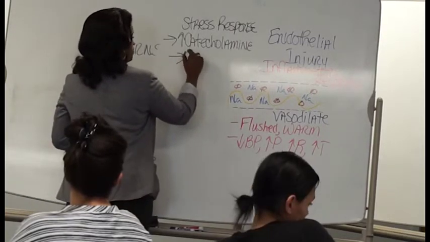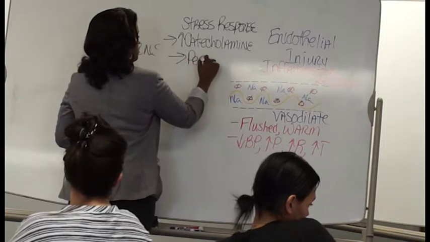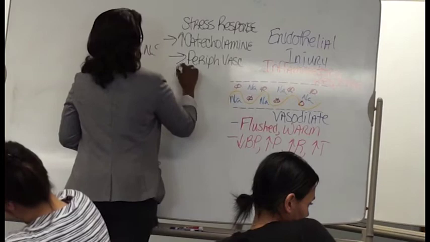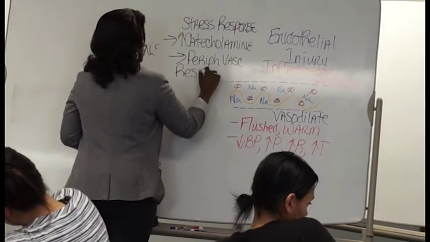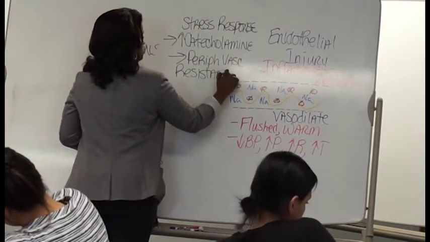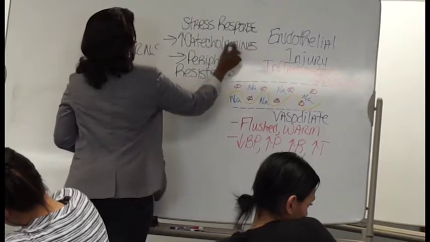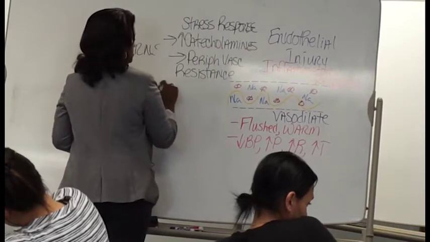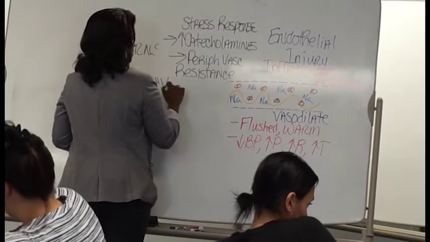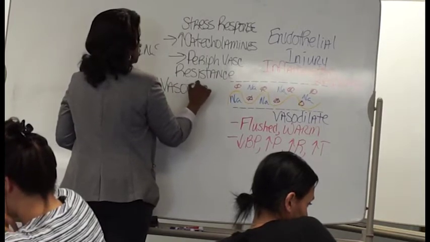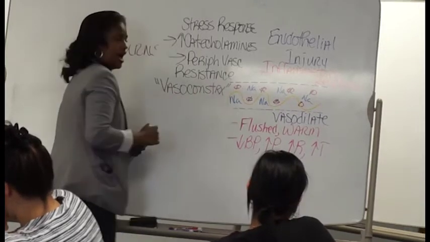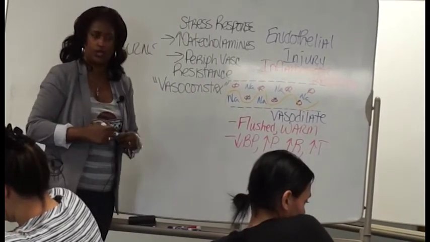Vasoconstriction on the periphery. This is called peripheral vascular resistance. So make sure you wrote down that catecholamines are epinephrine and adrenaline causing peripheral vascular resistance. Said a different way, that would be vasoconstriction on just the periphery of our body, the non-vital organs.